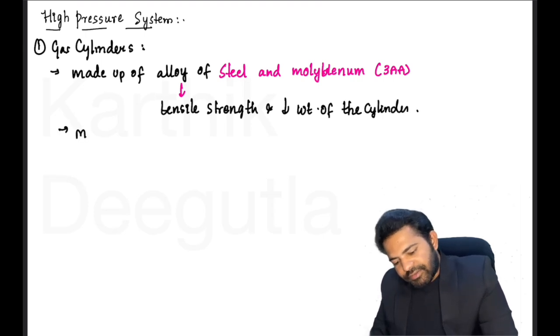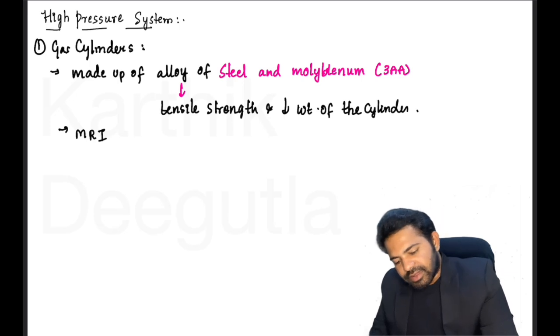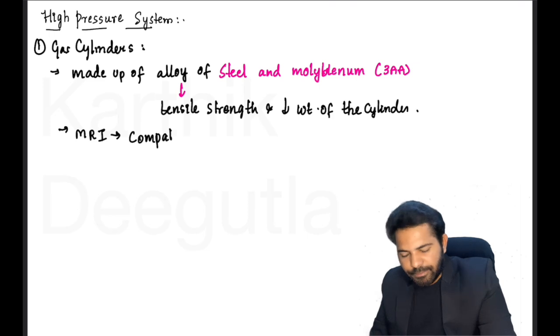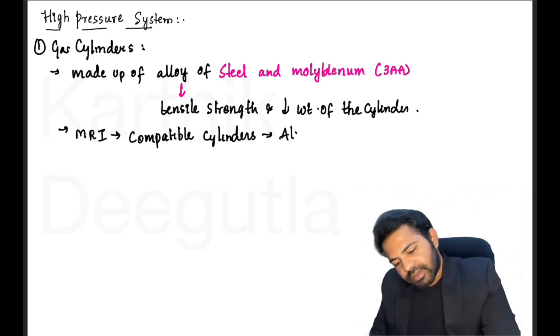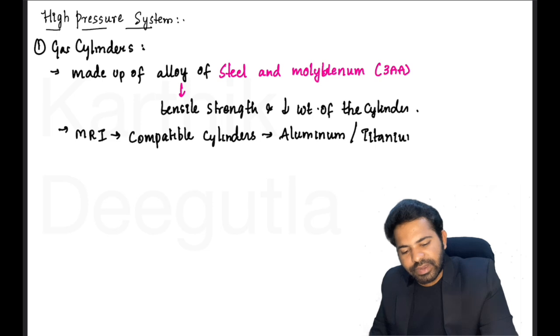Okay. Then we have something called MRI compatible cylinders. These cylinders are not fit for an MRI, magnetic resonance imaging. So for an MRI, there are specialized cylinders which are made of aluminium, or sometimes titanium, but titanium is very costly, so we use only aluminium cylinders.